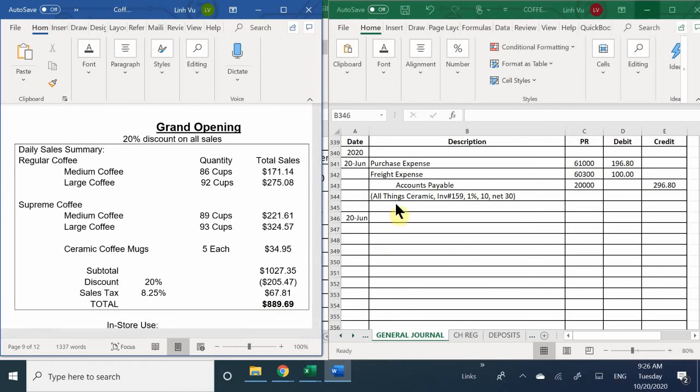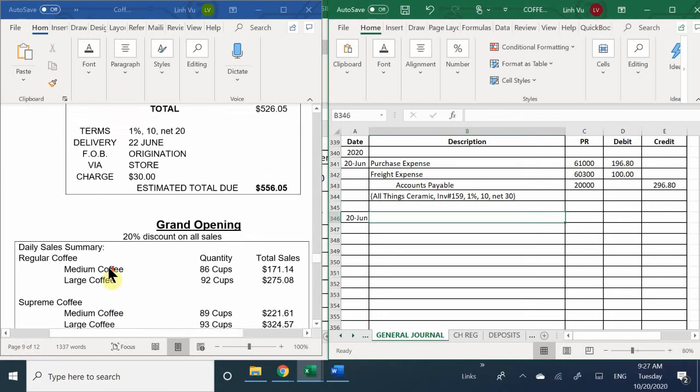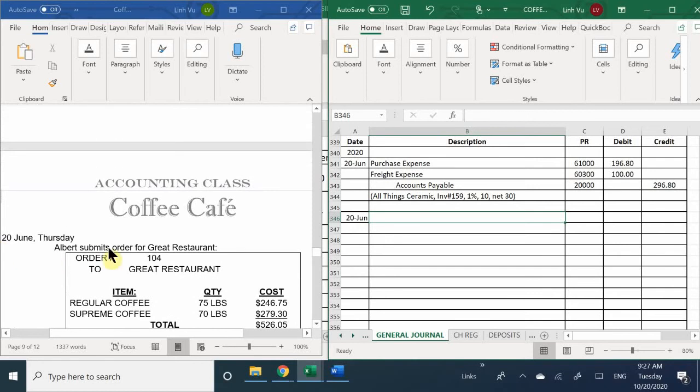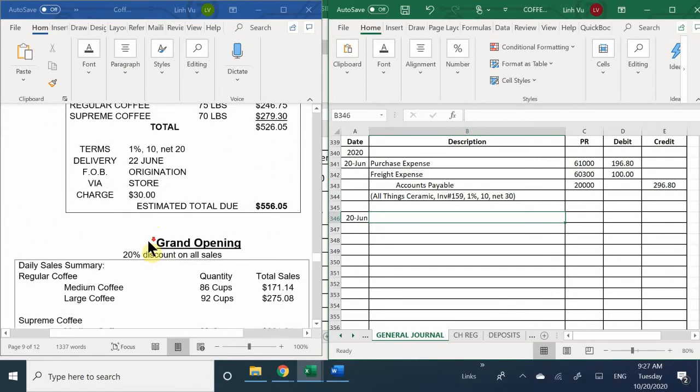We collect money. Yes, we collected $889.69. Am I on the right one? Yeah, I just had to move the little thing so you're able to see everything. Yes.